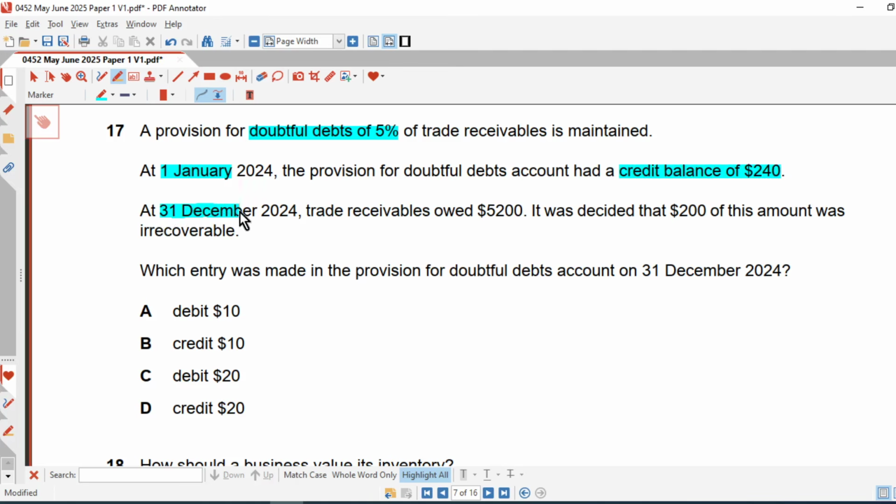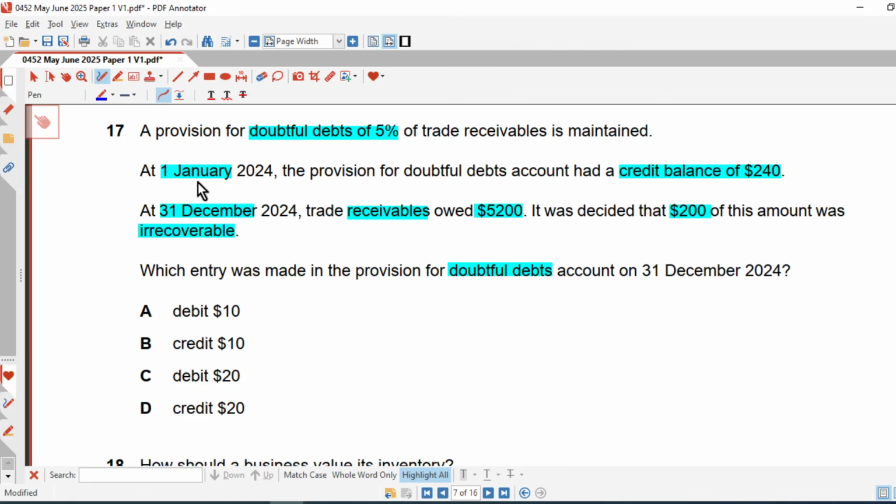At 31st December, trade receivables owed 5,002. It was decided that $200 of this amount was irrecoverable. Which entry was made in the provision for doubtful debts account on 31st December 2024? Again, involving some calculations, but it's very straightforward. It's a level 1 question.